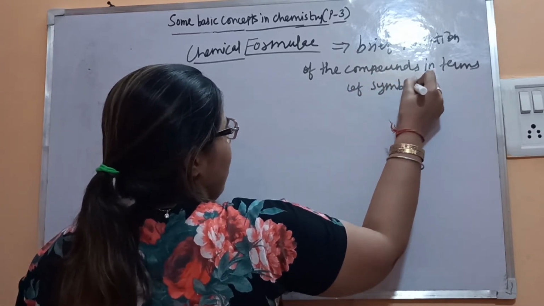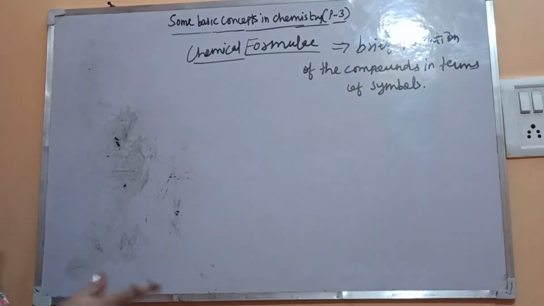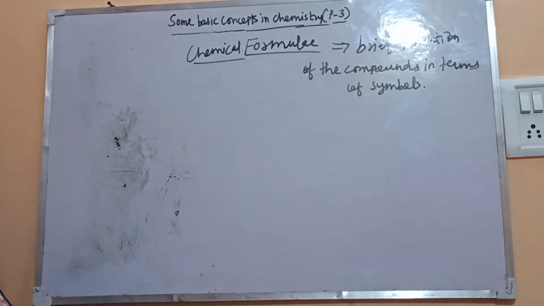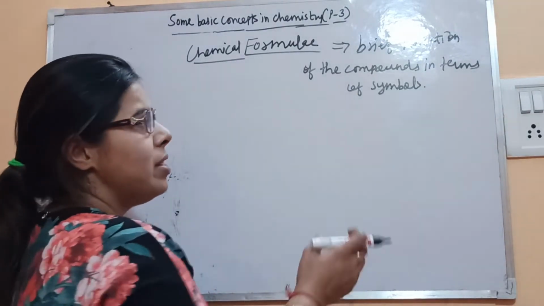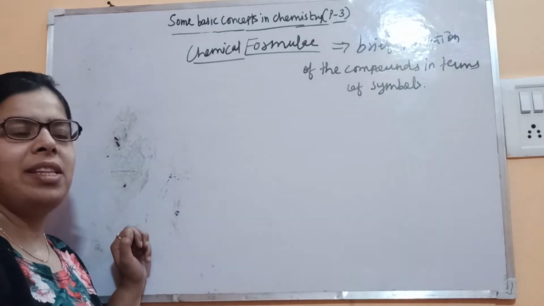Or you can say shorthand notation or way to represent the compounds. Every time, instead of writing calcium sulfate, calcium chloride again and again in this way, that's why it's a brief notation or brief representation of the compounds in terms of its symbols. Or you can say it's a symbolic way of representing the compounds.